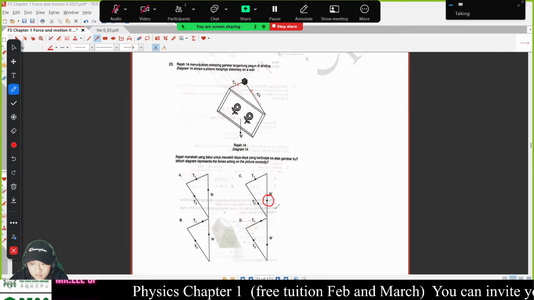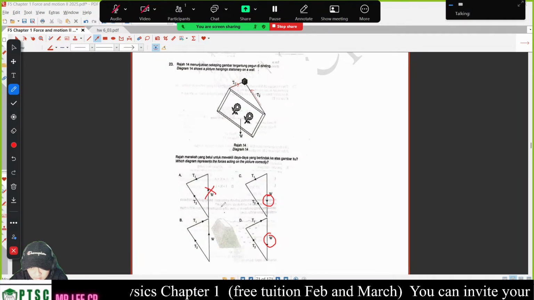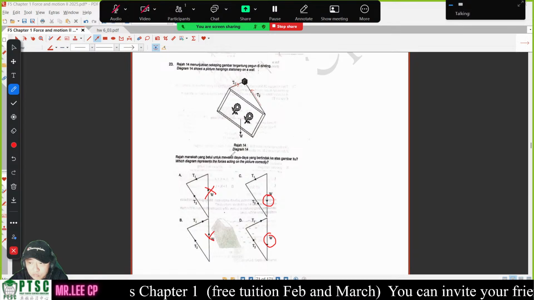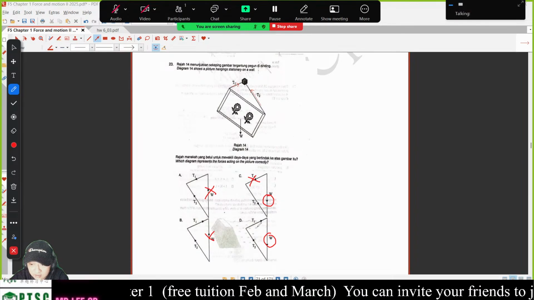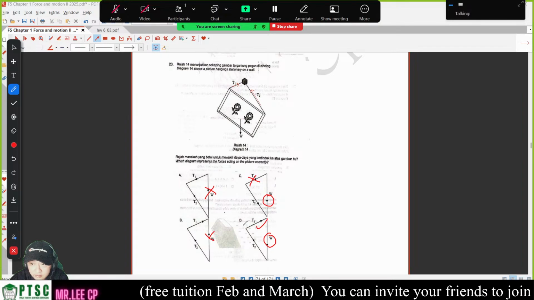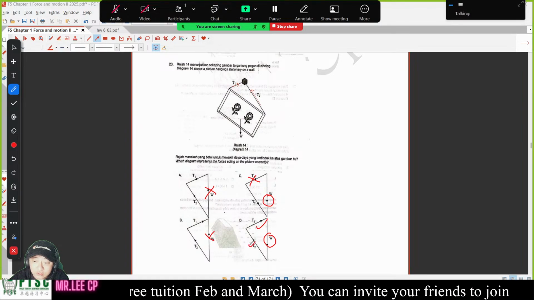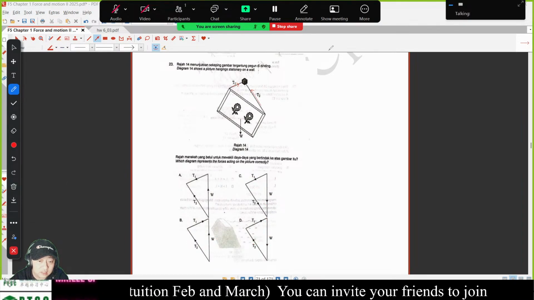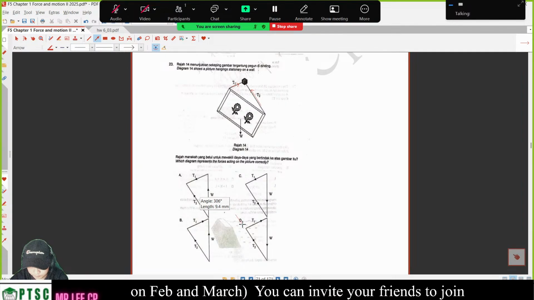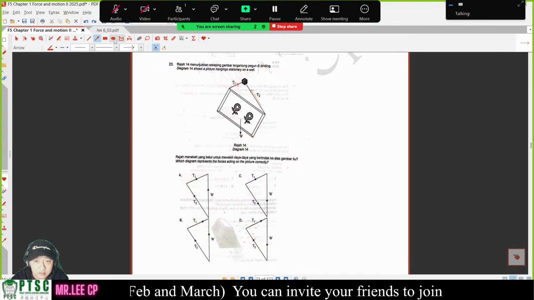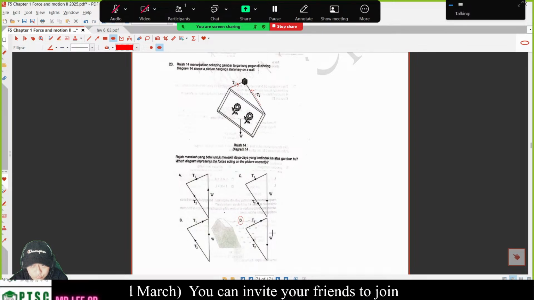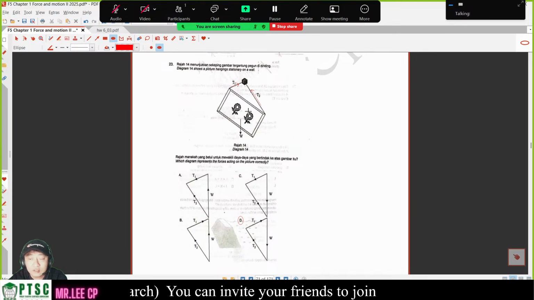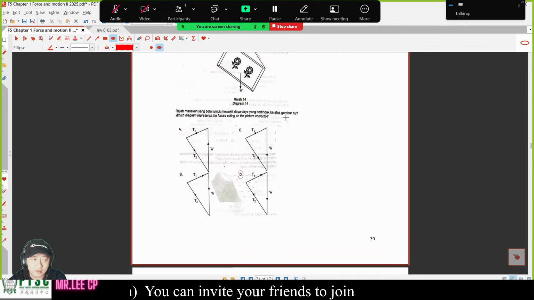T1 going this way, this one is wrong. T1 going this way, correct. T2 going this way, correct. So the answer is D. Very easy. You just look at the direction, then you will get it. If the directions are all correct, then you look at the angle. This one has no angle, so definitely the direction will give you the answer.